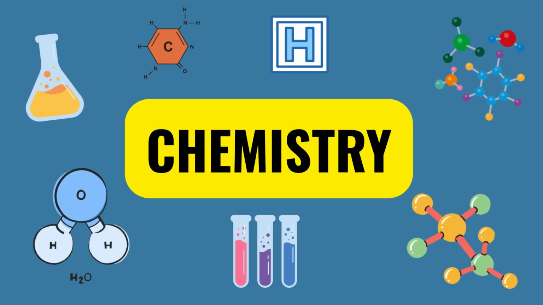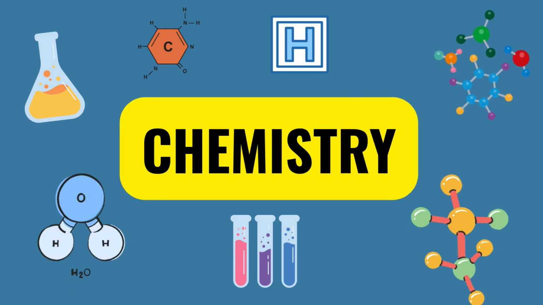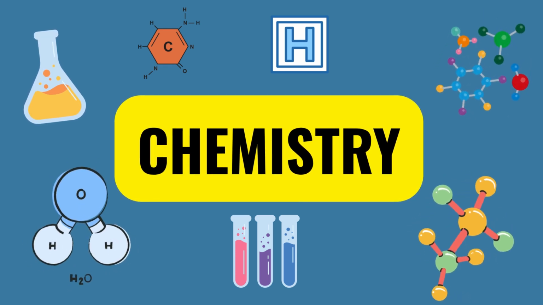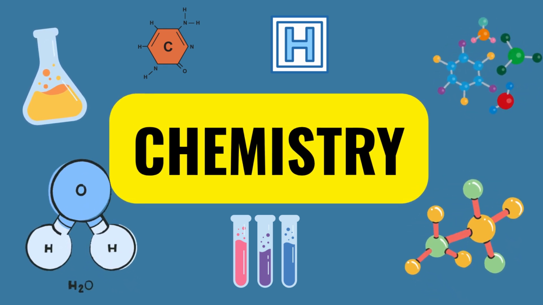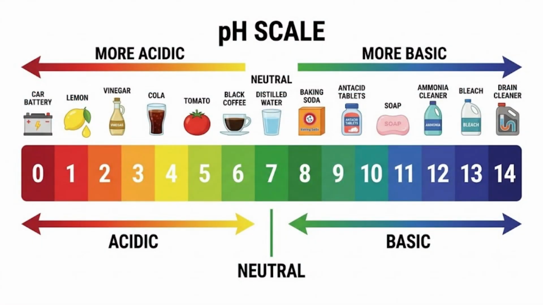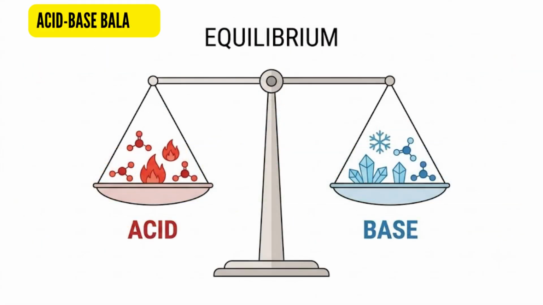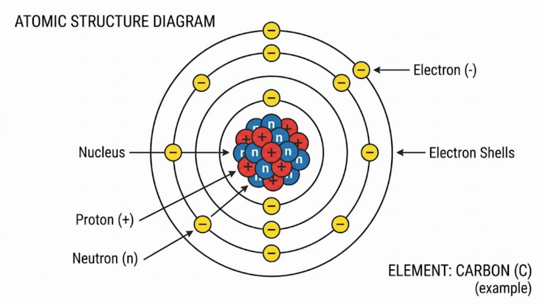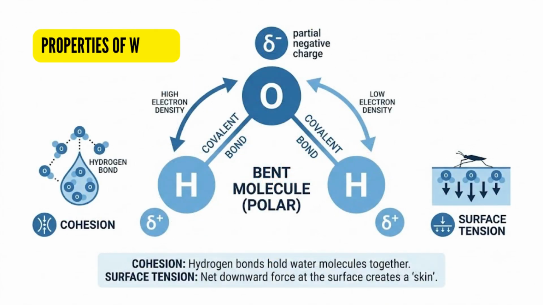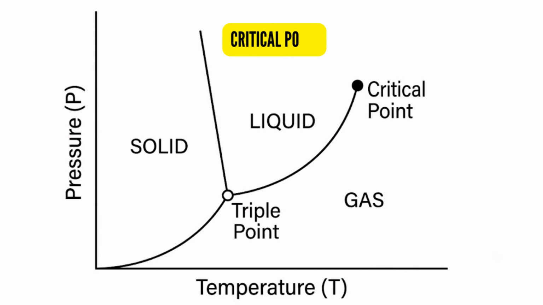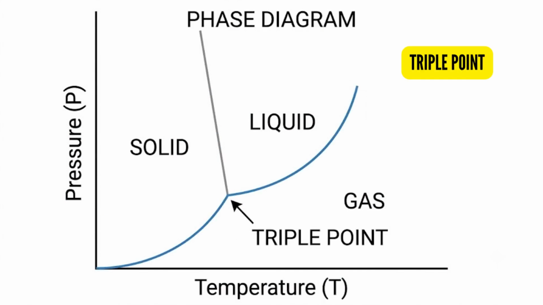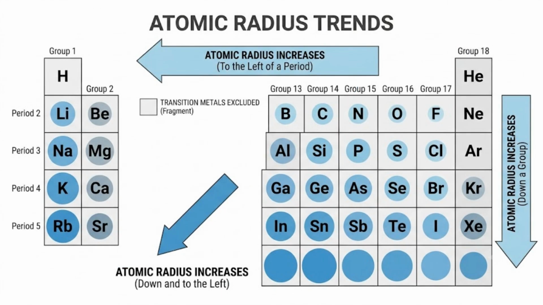In the chemistry portion of the exam, you should be prepared to answer questions on the following topics. Acids and bases. Acid-base balance. Protons, neutrons, and electrons. Properties of water. Critical point. Triple point. Atomic radius.